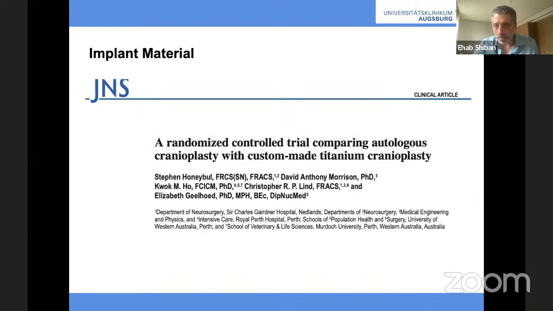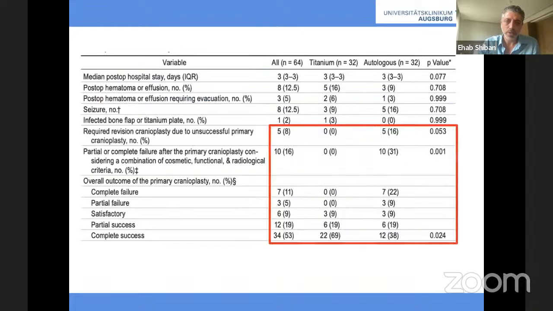So this is, to my knowledge, the only randomized controlled trial looking at cranioplasty comparing titanium to bone. You see, it's a really small number of patients, but still a very well conducted trial. 32 patients for titanium, 32 for bone. You see here the revision rate for bone was much higher and statistically significant.